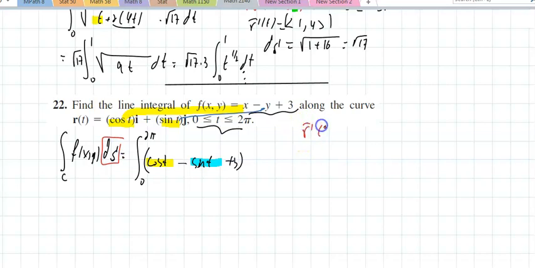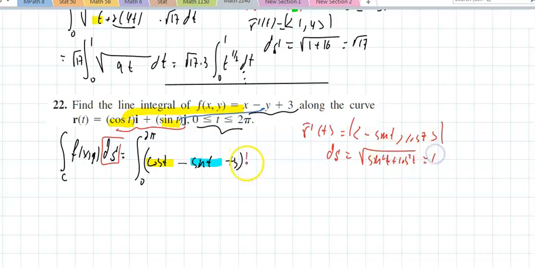I take r prime of t, and there's r. They gave us r. That would be negative sine of t, cosine of t. And this is going to happen a lot. If I find ds, that is the magnitude of that vector. That's the square root of sine squared t plus cosine squared t.